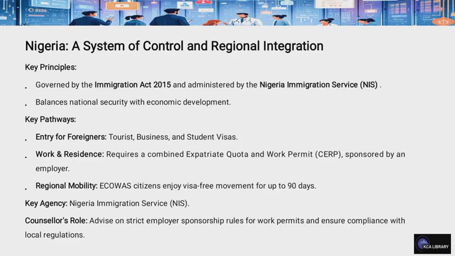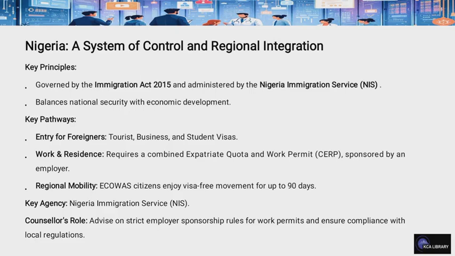For Nigeria, it's actually a system of control and regional integration, and it's governed by the Immigration Act 2015 and administered by the Nigerian Immigration Service, and it balances national security with economic development. For Nigeria, the key pathways include entry for foreigners in terms of tourist, business and student visas.